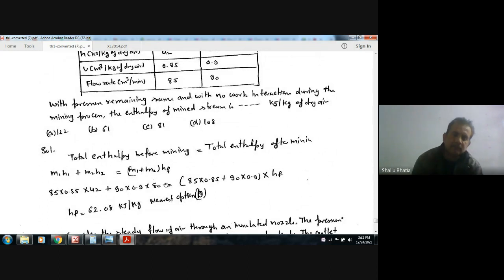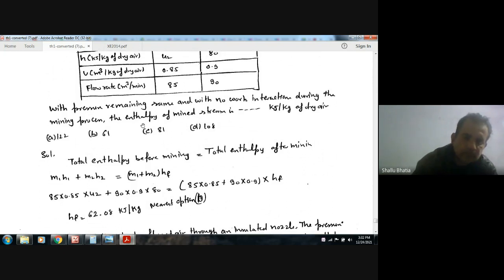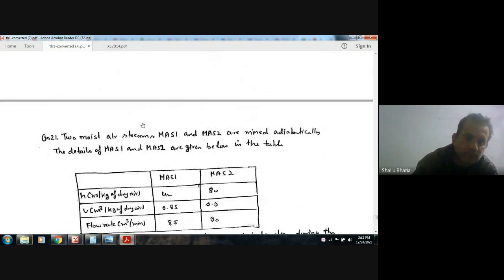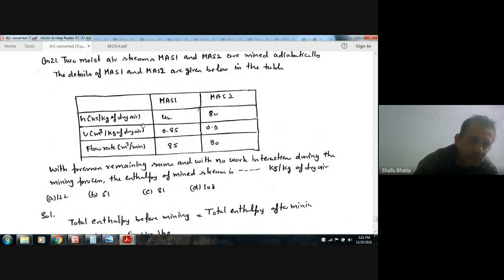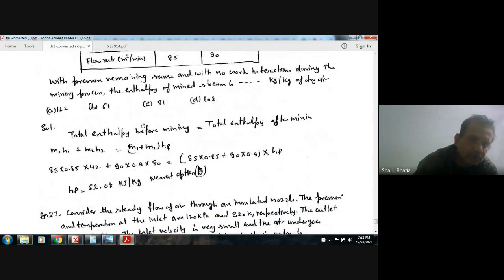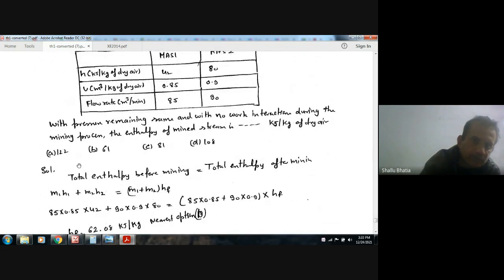When we divide the volume flow rate by the specific volume, we can get the mass flow rate.